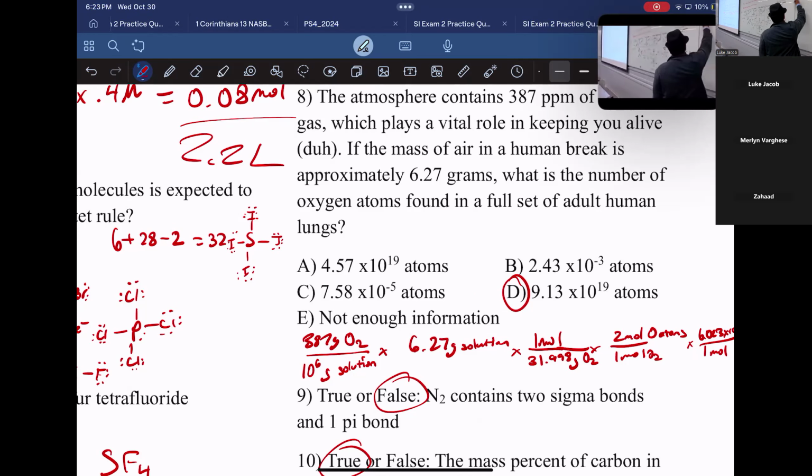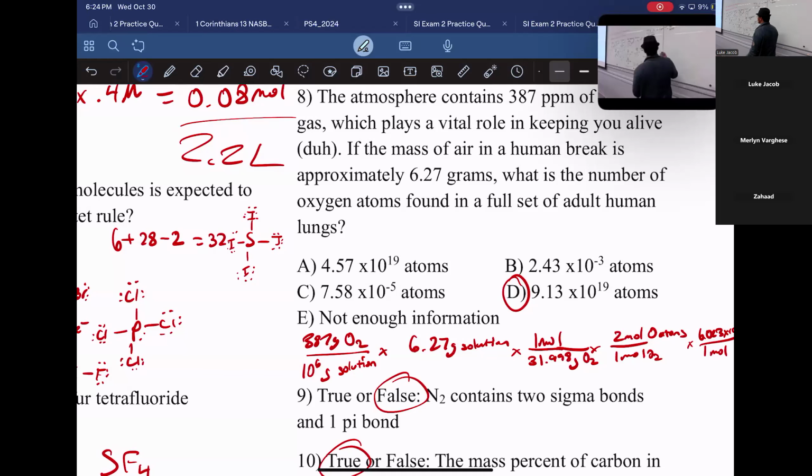Next thing you do is convert the grams to moles. What's the molar mass of oxygen gas? Anyone tell me? Yeah, 32.0 grams, right? So that cancels out with this. This is O2, by the way. Next we're trying to get to the atoms. So how many moles of oxygen atoms are in 1 mole of oxygen gas? 2, right.